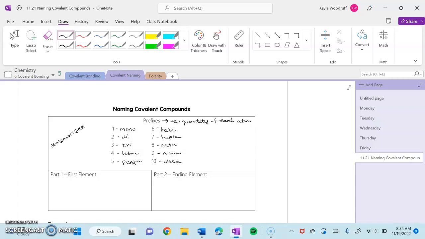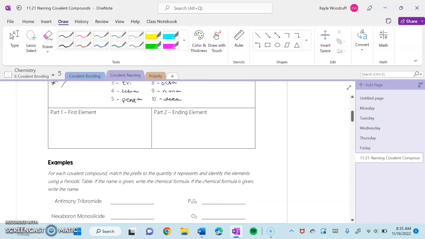I'm guessing the ones you don't know, or are maybe less familiar, are 4 for tetra, and maybe, I don't know, there might be one or two more that you aren't super familiar with, so just memorize those so that it will make the naming process easier for you. These will not be given in a reference, so you will need to know the prefixes.